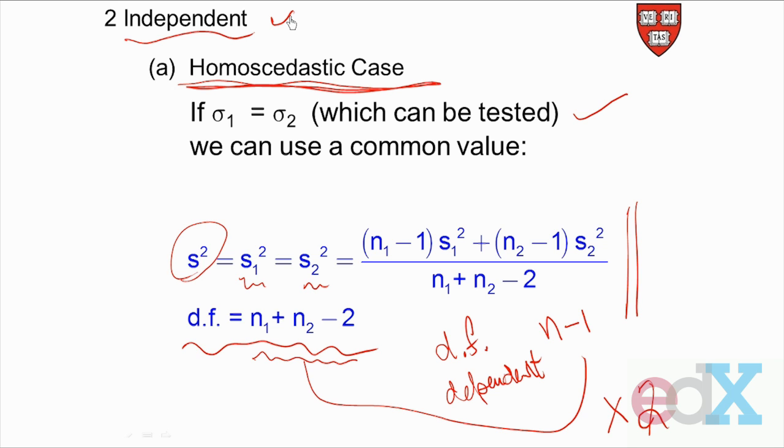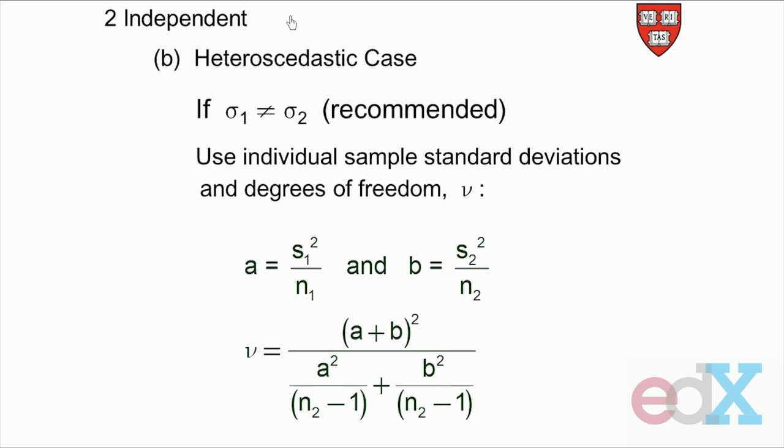Now, so in the homoscedastic case, if sigma 1 is equal to sigma 2, this is what you would do. But I want you to look at the heteroscedastic case, when we don't assume that sigma 1 is equal to sigma 2. So even if it is equal to sigma 2, I would still recommend you going with this one, because you lose very little when you state that you'll go along with the formulas for the heteroscedastic case.